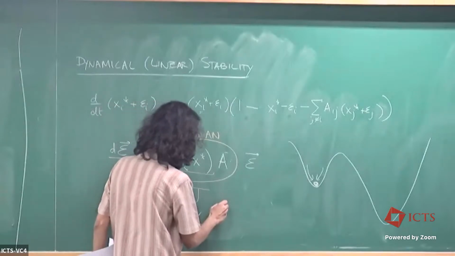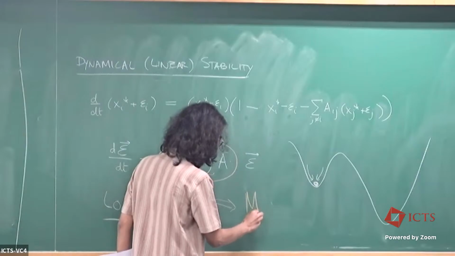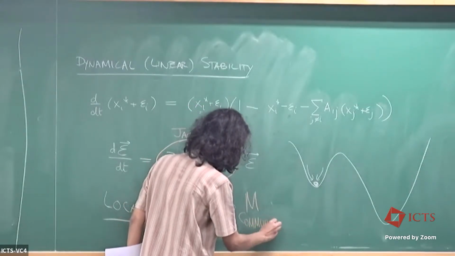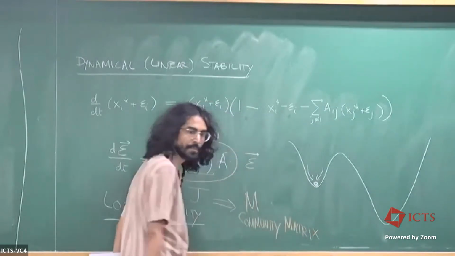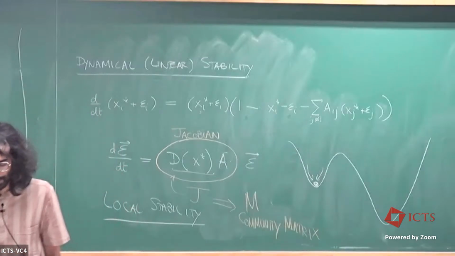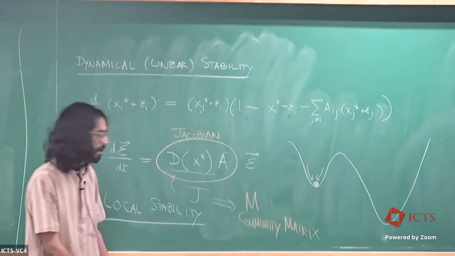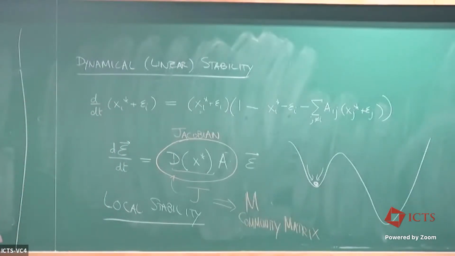So this J is also in May's paper called, confusingly sometimes, M, and it's called the community matrix. If you go and read May's paper, which I think is just one page, it starts off by saying, okay, consider a feasible community with S species.